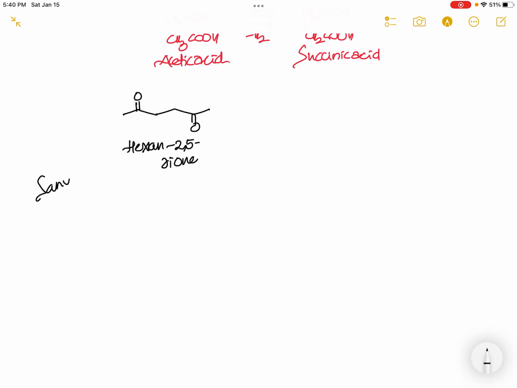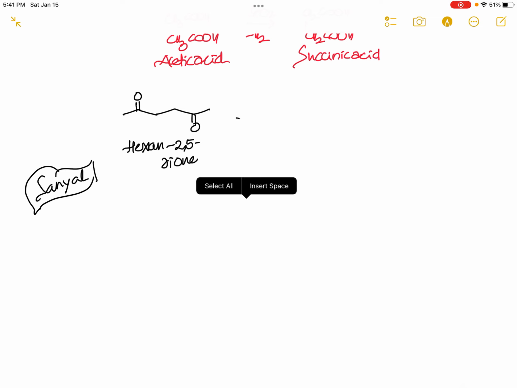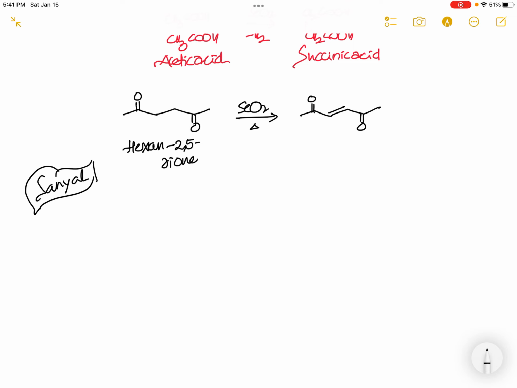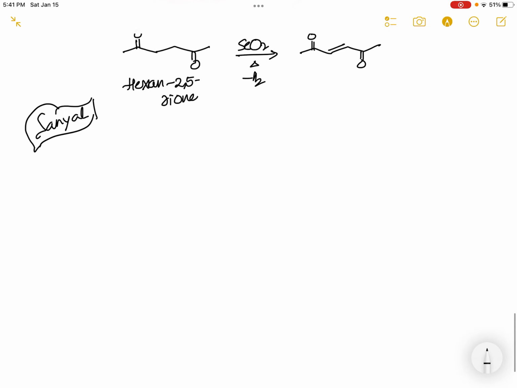These examples and concept are taken from the Sanyal book. When you are using selenium dioxide at elevated temperatures, a double bond is coming. At high temperatures, it is losing hydrogens. And selenium dioxide can be used as a catalyst also.